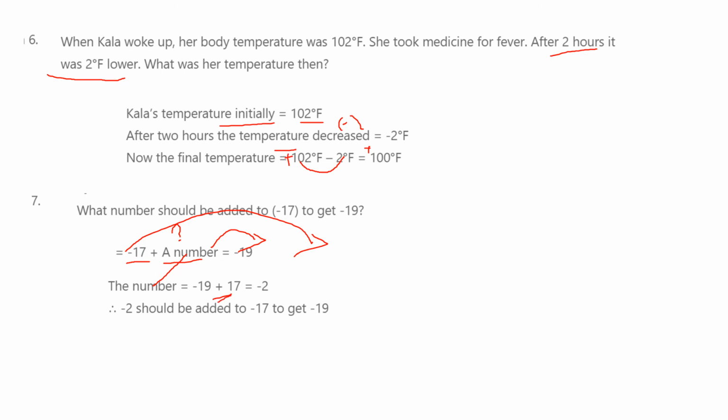So here also 1 minus 1 plus means subtract the numbers, 19 minus 17, greater to smaller, 2. What is the greater number's sign? 19 has minus. So -2 is the answer. So if we add -17 plus -2, we get -19. So the number is -2.